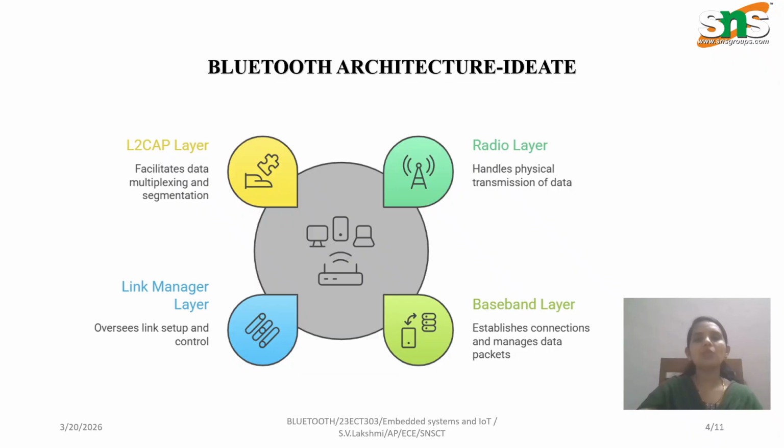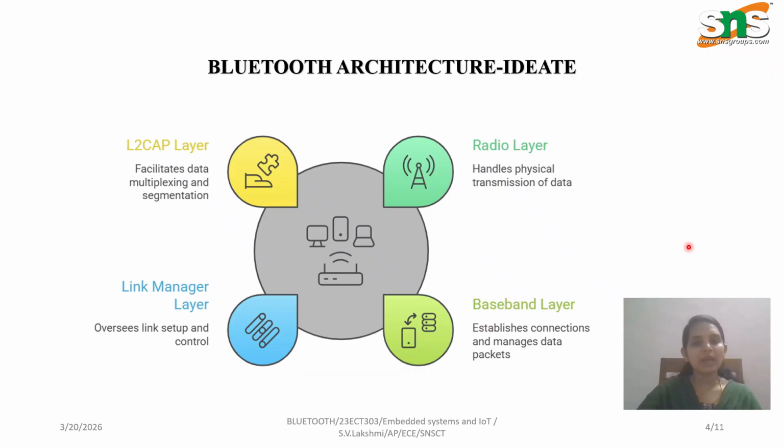Talking about the architecture, as I told, it uses a layered structure. First coming to the radio layer, this handles the wireless transfer in the 2.4 gigahertz band, and it uses the frequency hopping spread spectrum technique to avoid interference.